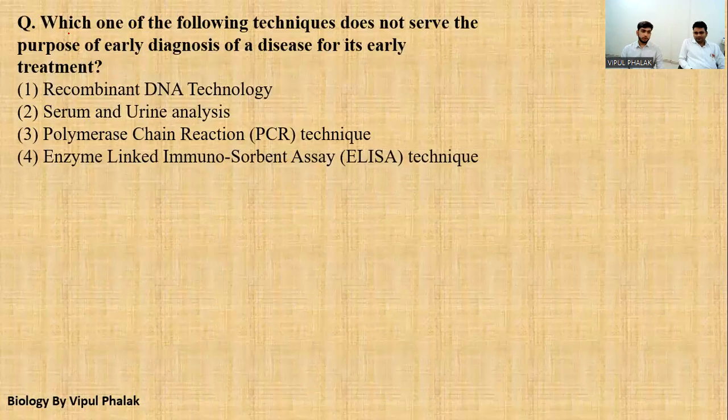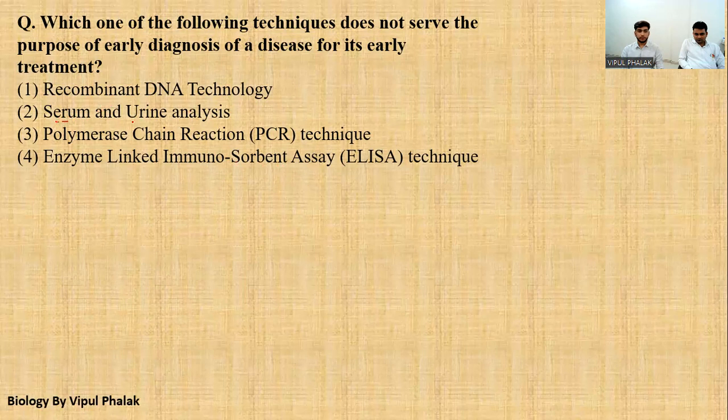Next question we got, which one of the following techniques does not serve the purpose of early diagnosis for disease for its early treatment? There are various techniques from which we can diagnose a disease. Urine testing, blood testing, or fecal examination, or polymerase chain reaction, ELISA, etc. are some of the diagnosis we can use.